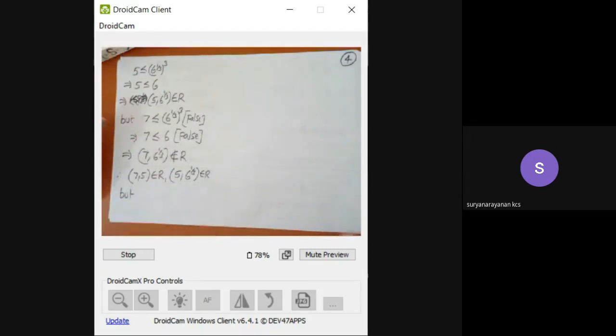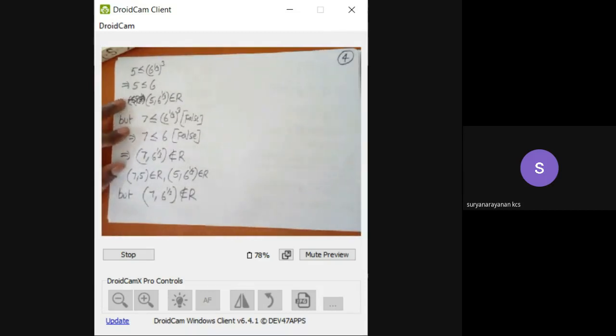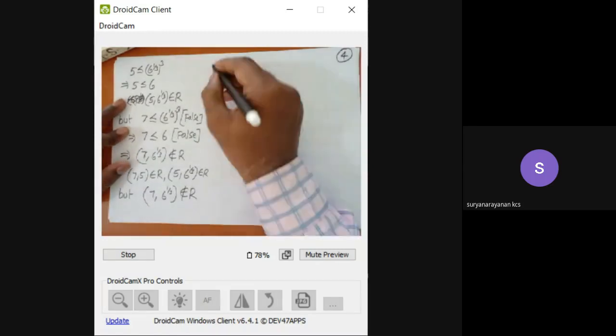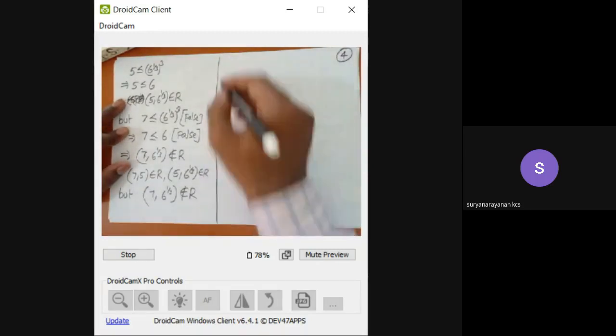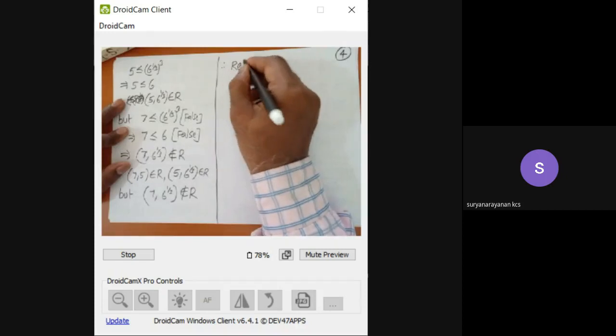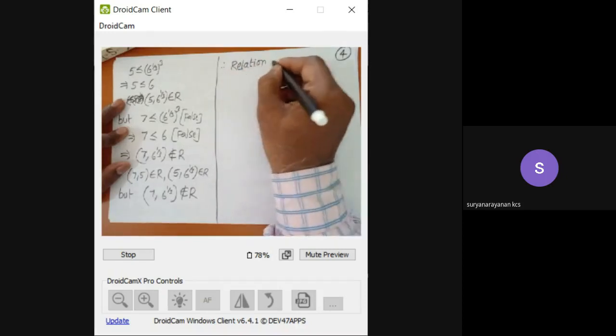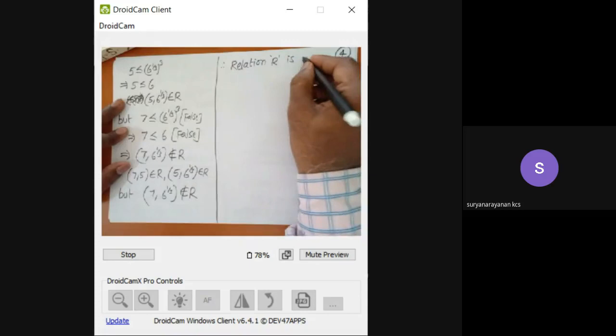What is the third ordered pair here? But ordered pair 7 comma 6 power 1 by 3 does not belong to R. Yes or no? Therefore, relation R is not transitive.